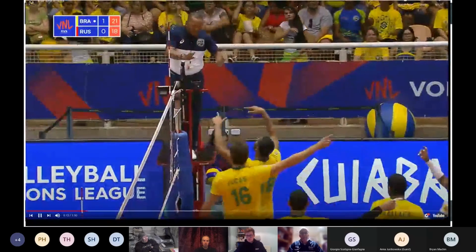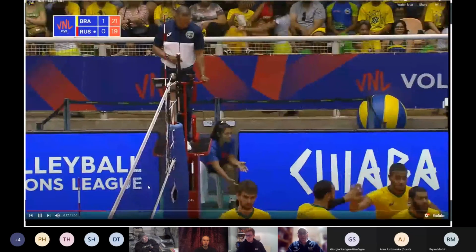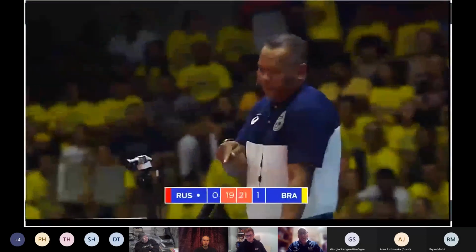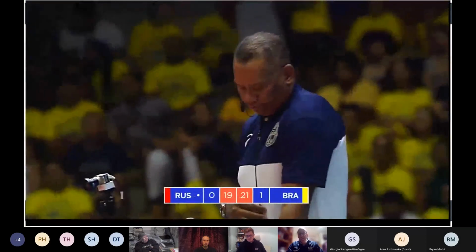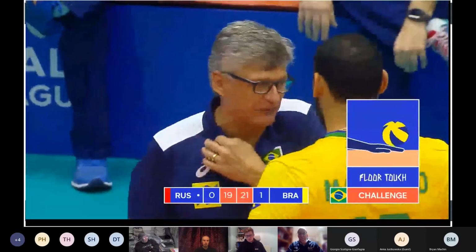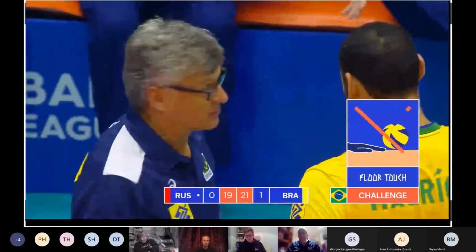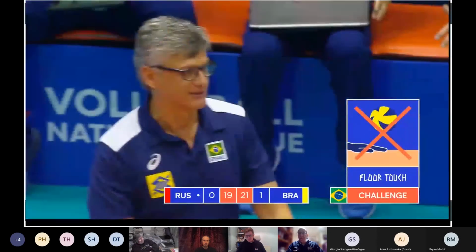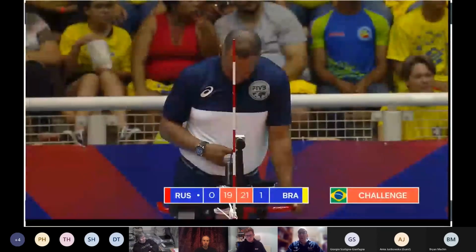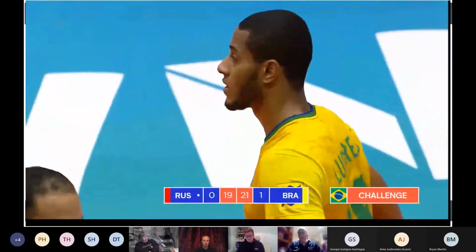Now you might look at this, and Denny's very quick to calm everyone down and say, I want somebody to look at that. Did the ball contact the floor, which everyone thinks it did? This is not a pancake situation. This is a player who doesn't know whether the ball's hit the floor. All he's felt is the ball's hit his foot, and therefore the ball is up.